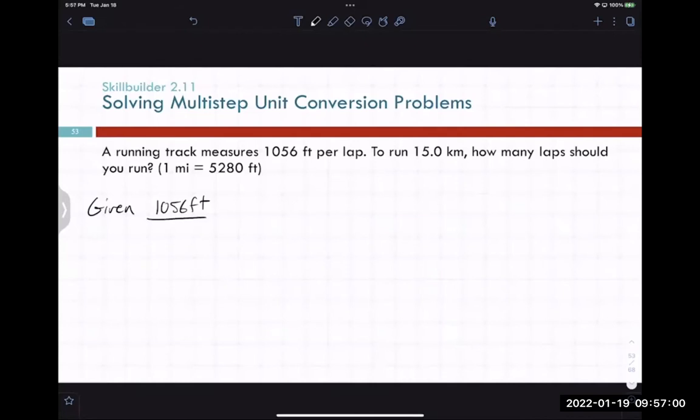So it's feet per 1 lap. So every time you go around the track, you're running that many feet. We're also given 15.0 kilometers. And we want to find laps.